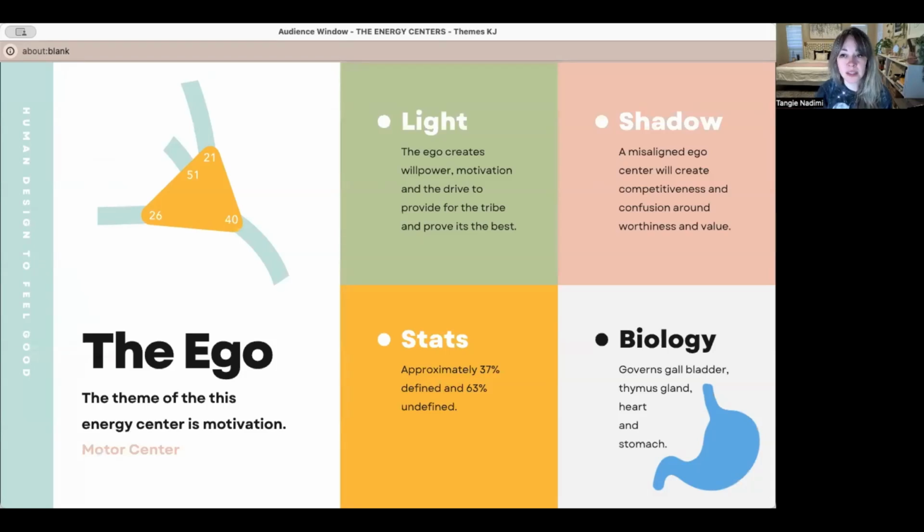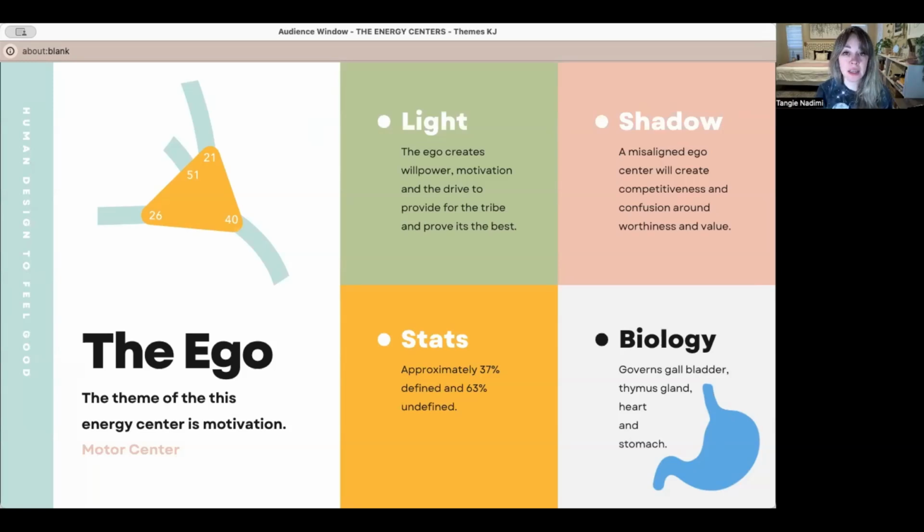The shadow here, or a misaligned ego center, will create competitiveness and confusion around worthiness and value. So you've got about 37% defined and the majority of the population undefined. So many, many people working very hard to muster all of their willpower and motivation to prove their value and worthiness. The ego center governs the heart itself, the stomach, the thymus gland, and the gallbladder.